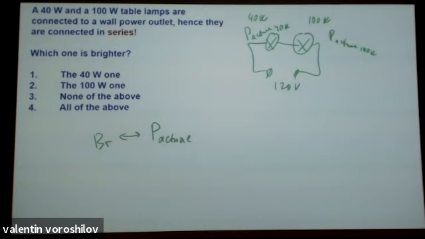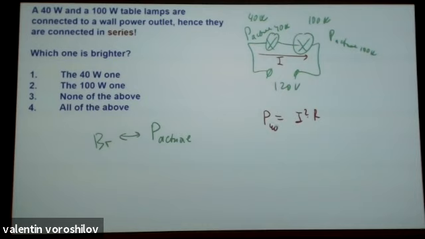And how do we do that? Well, it is easier first to recognize that because they are in series, they should share the same electric current. In this case, power is equal to, well, we have three expressions, but the easiest one is current squared times resistance.